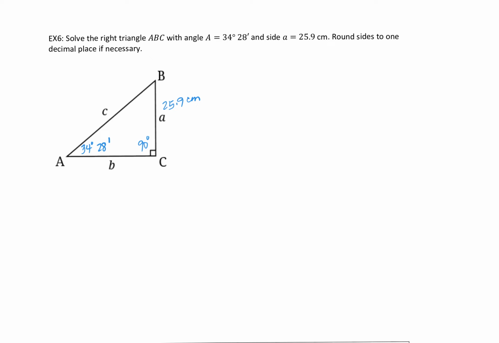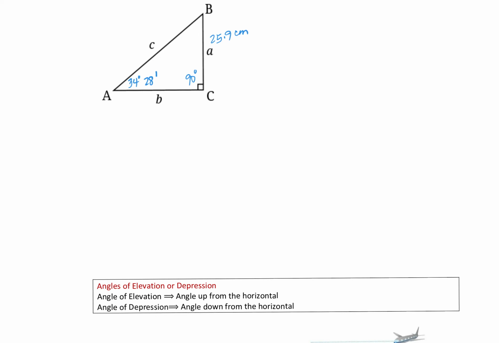So to find B, I have to subtract 34 degrees and 28 minutes from 90 degrees. Okay, so I'm going to have to borrow from 90 because this is not going to work.